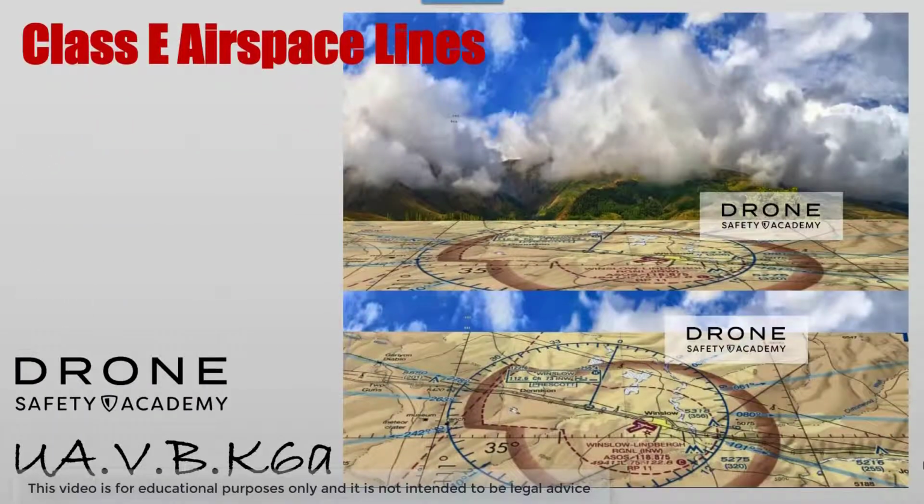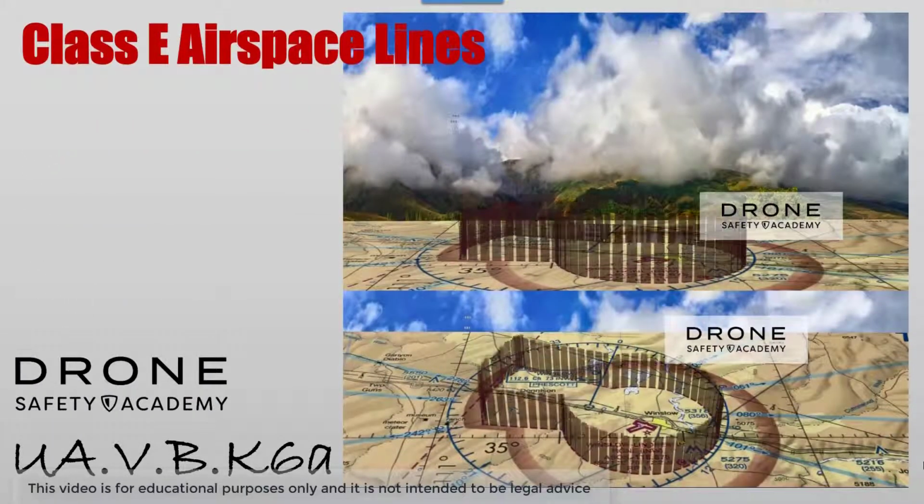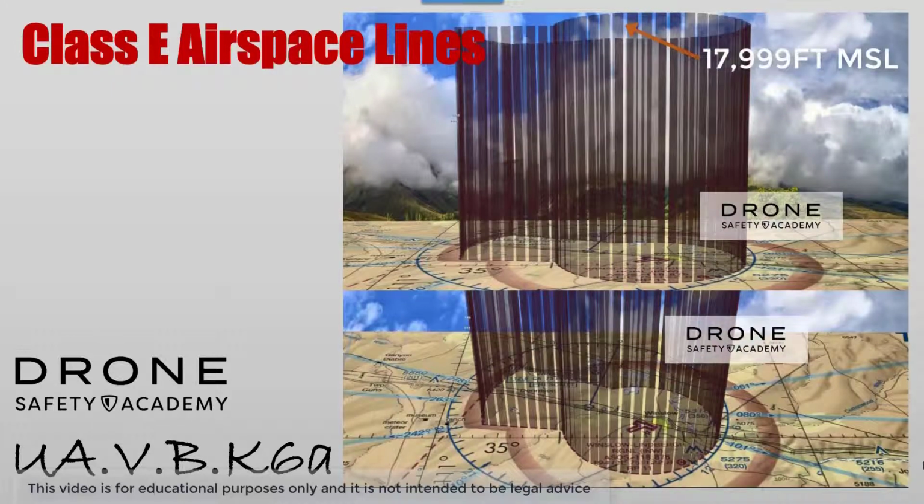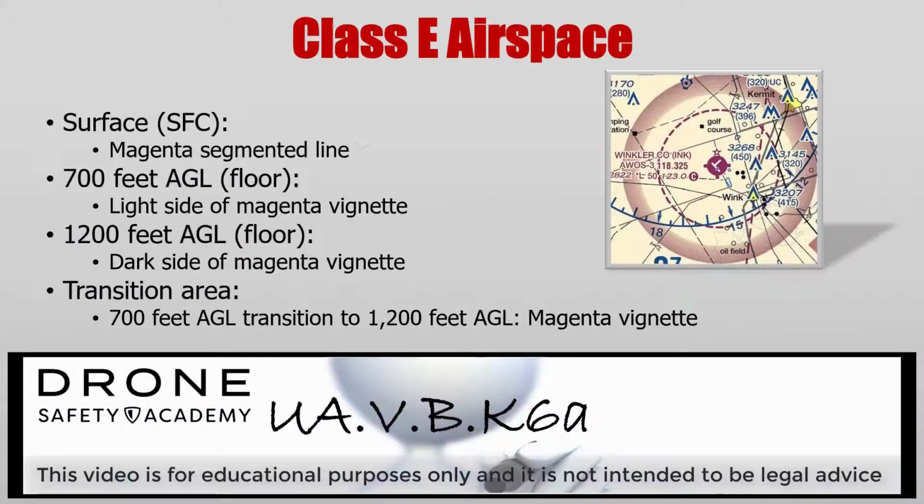In this example, we have Class E airspace, starting at the surface extending all the way up to 17,999 feet MSL. Okay, we should already know that Class E surface area airspace is depicted by magenta segmented lines, but there's a couple more. Class E airspace can also start at 700 feet AGL, which is depicted by the light side of a magenta vignette as seen here.